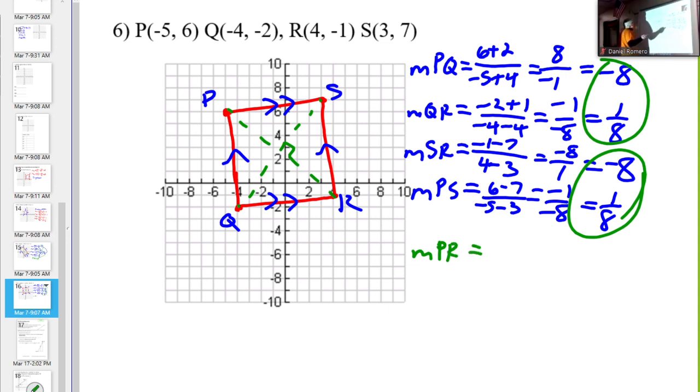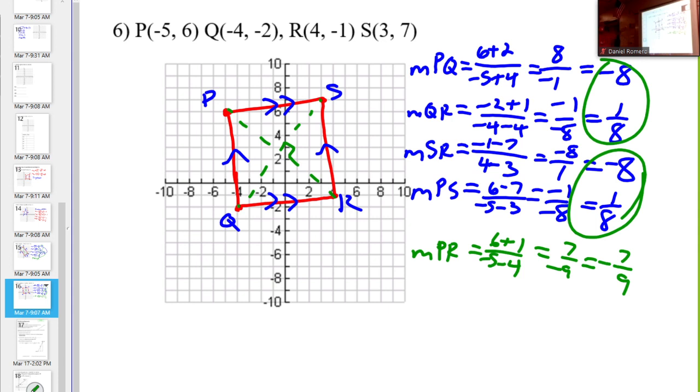I just think slope formula is quicker. 6 plus 1 on top, the y's go on top, over negative 5 minus 4. That gives me 7 over negative 9, which is negative 7 over 9. In order to be perpendicular, the next slope has to be positive 9 over 7.